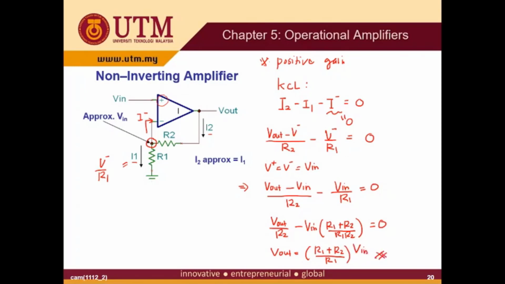So this is your answer. Or sometimes it is written as V out equals 1 plus R2 over R1, times V in. So this is the derivation of the output equation of the non-inverting amplifier.